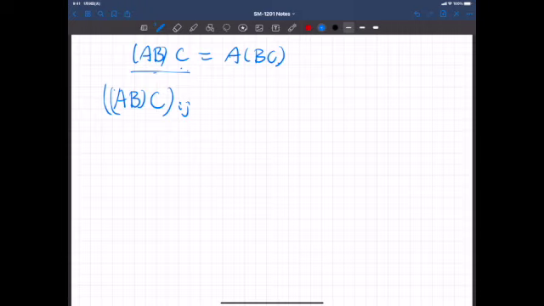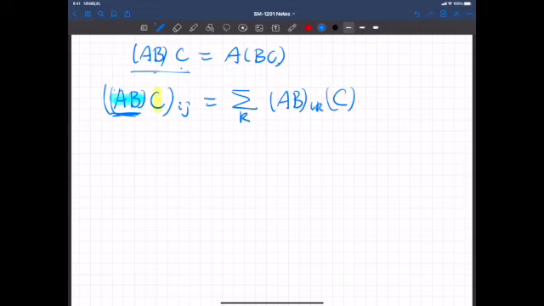So this is the matrix product between this matrix, AB, and C. AB is one matrix, the result of matrix multiplication, which is a matrix. And another matrix is C. So by the definition of matrix multiplication, this is something like (AB)_ik and c_kj. Then we expand this multiplication.